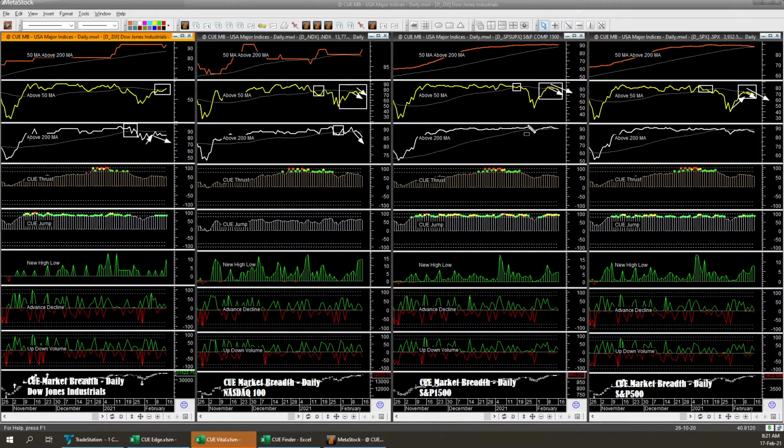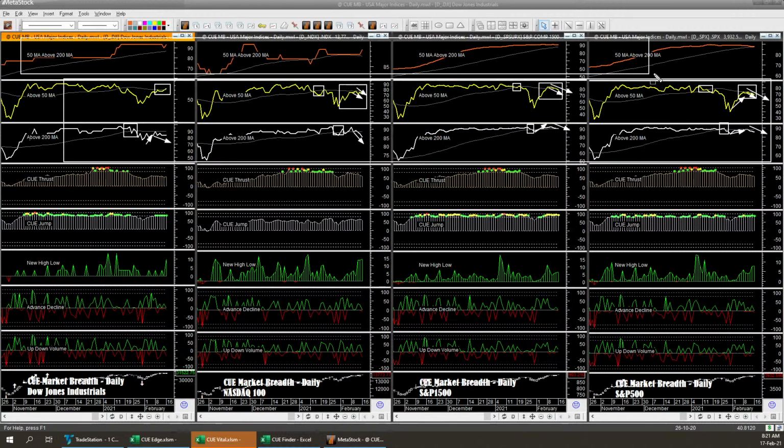S&P 1500 rolled over, recovered, rolling over again. S&P 500 rolled over, could not quite recover to the average line, rolled over again. So both of these percentage MA calculations are showing weakness. Percentage of stocks above 50 MA, percentage of stocks above 200 MA.